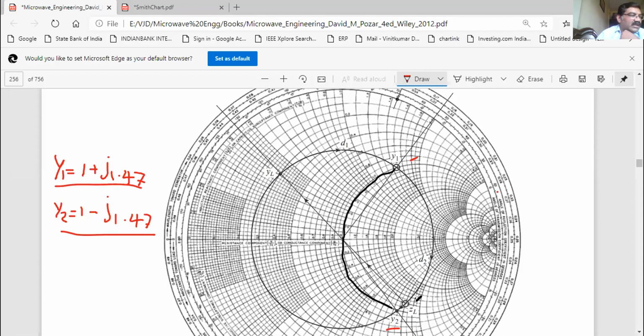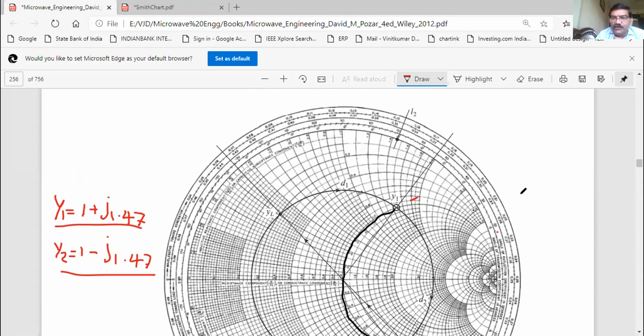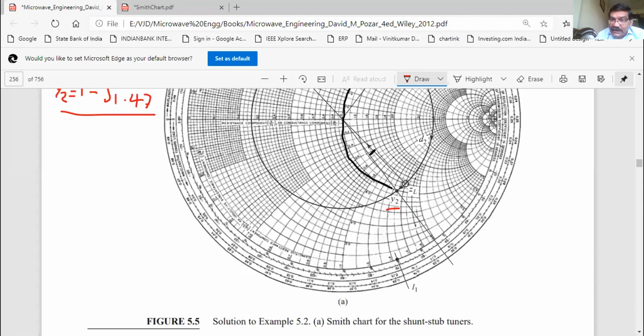Okay. Now what next? Now you got this Y1 and this Y2. Now you just put a line and extend it outside. So you are drawing this line and extending it outside from the Y1. Same thing, you are drawing this line and extending it outside from the Y2.